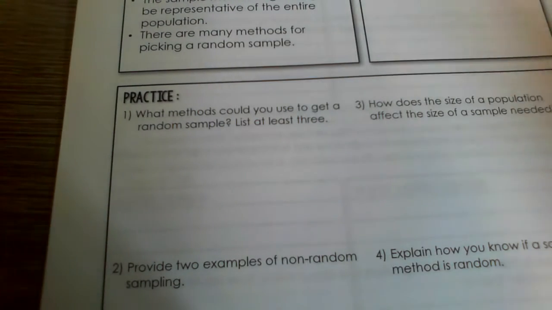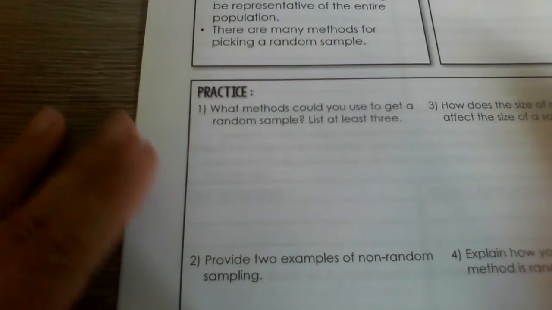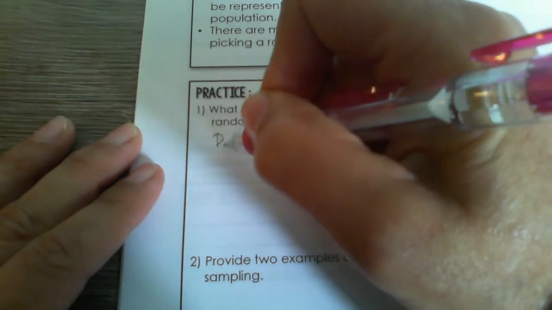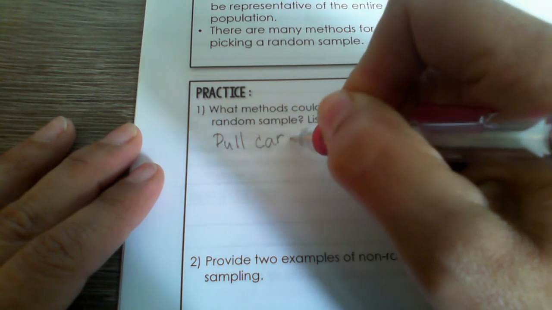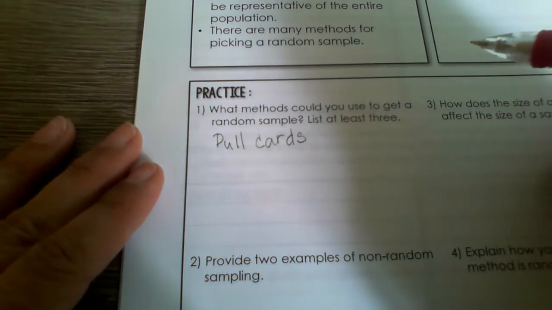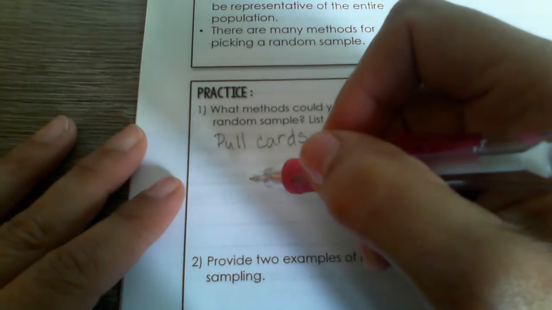Okay, so what kinds of methods can you use to get a random sample? We're going to just think of at least 3. One thing you can do is pull cards from a deck. And maybe the card represents something, because we have 4 of each type of card in there, so that's equally likely of happening.